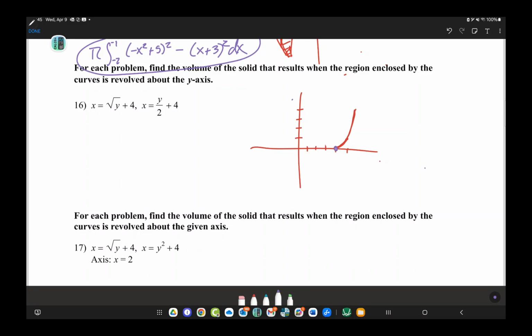So plug in 1 for y, I get 4.5. Plug in 2 for y, I get 5. So it should be right here at 6, 4.